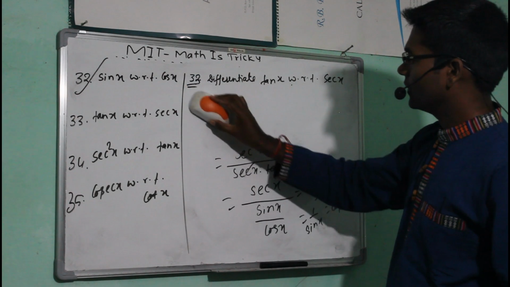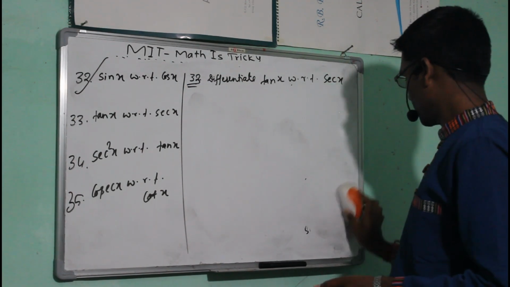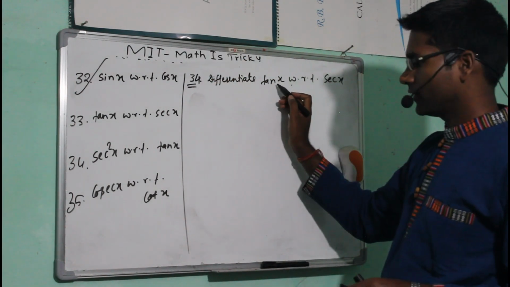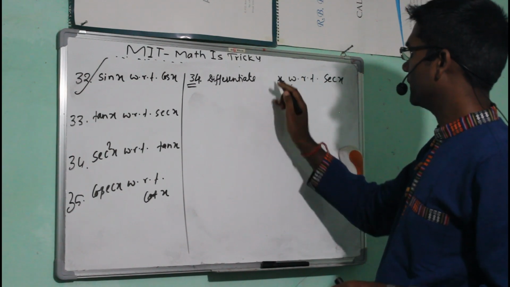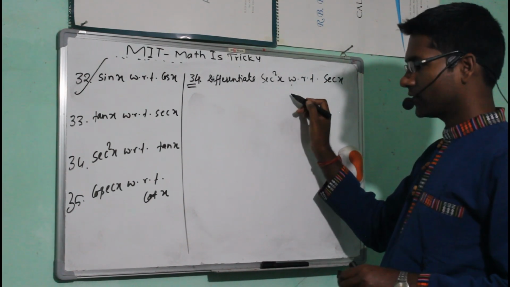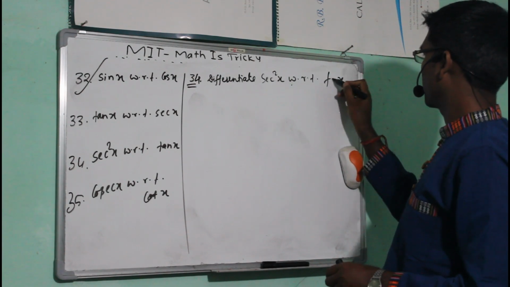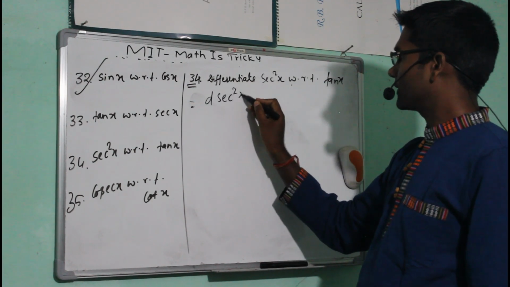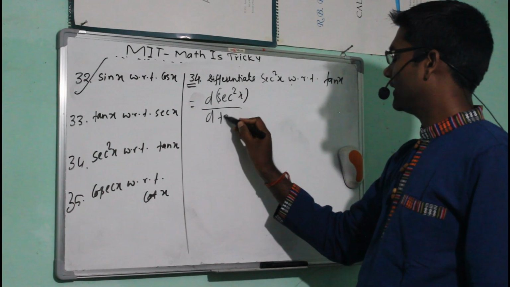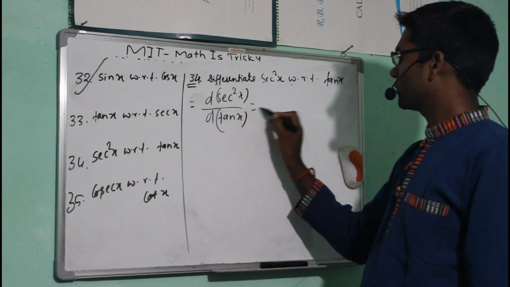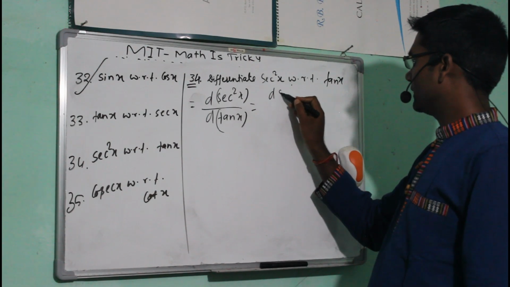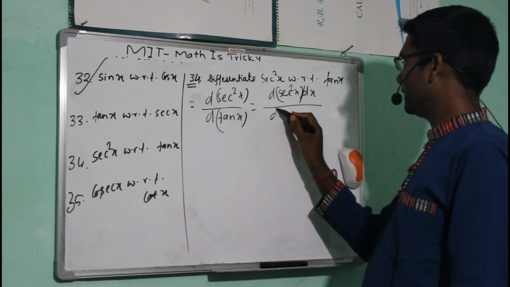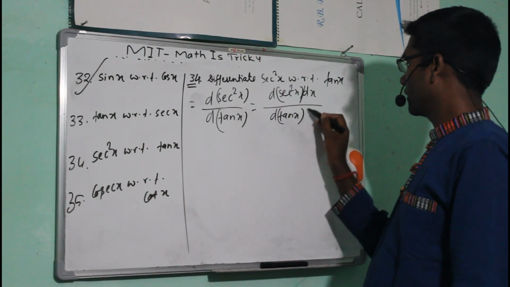Let's see another question, question number 34. Differentiate sec square x with respect to tan x. So this is actually d sec square x by d tan x. Let's divide both by dx, d sec square x by dx, and then d tan x by dx.